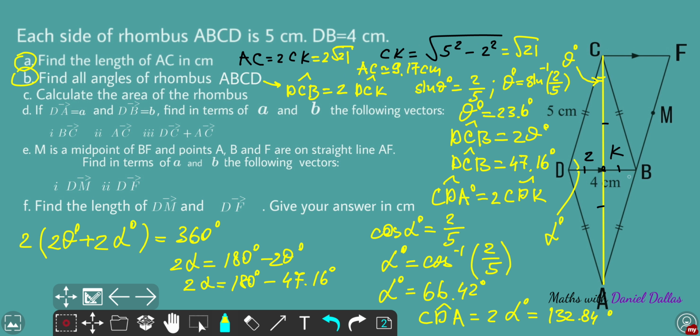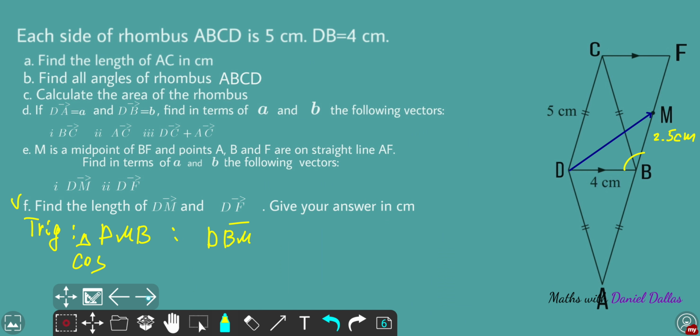So we found that angle CDA. Let me see, DCB. Yeah, okay. I'll just explain it in a moment. Okay, we can consider DBM as the sum of the angle.